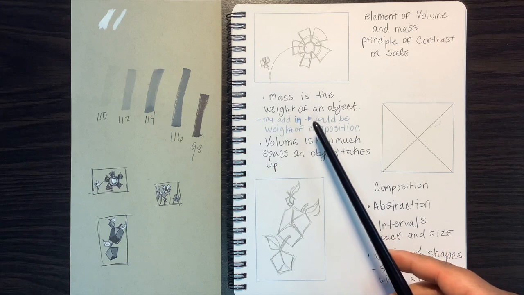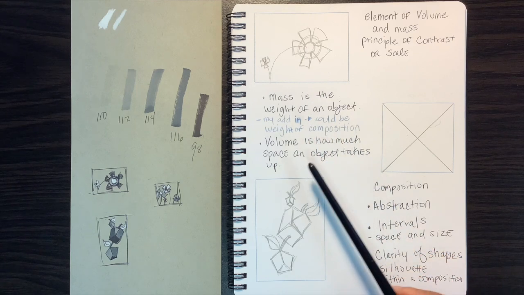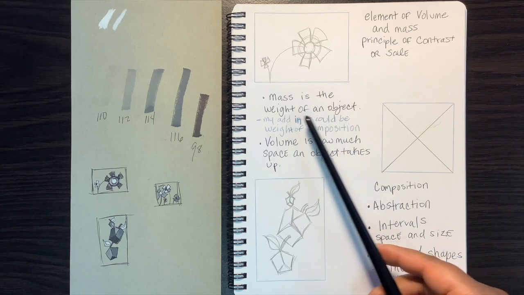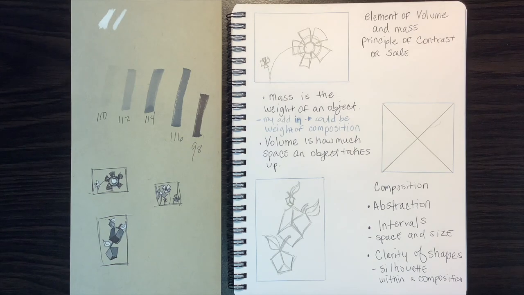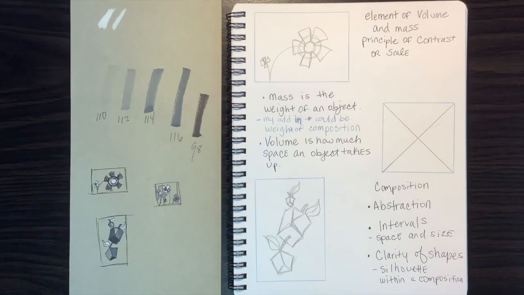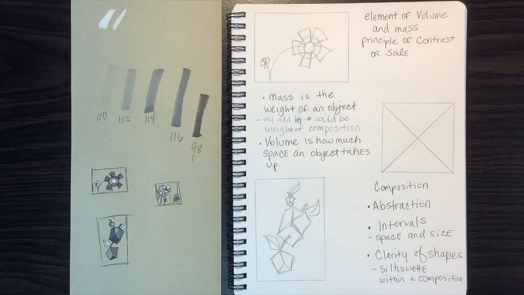Mass could be the weight of an object, or, and this is something that I've added in, it's not set in stone, because when you think about weight, it can lead into composition as well. Sometimes within a composition, one side can have more weight than the other side. That's not 100% under mass, but it gives you an idea how you can tie that into your composition. And once again, this is just my opinion. It's not set in stone.